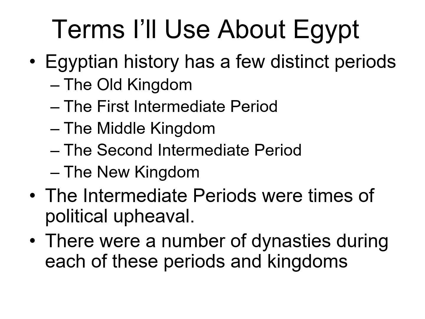The intermediate periods were times of political upheaval, where the previous era had collapsed politically, and there were often multiple dynasties reigning at the same time. So these are the five main periods of ancient Egypt. The Old Kingdom begins when Egypt was united as a single nation.